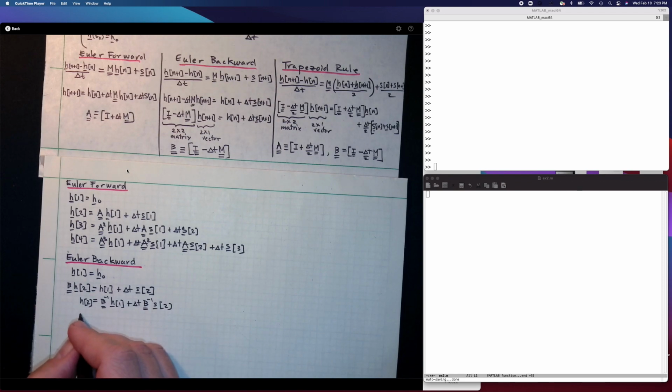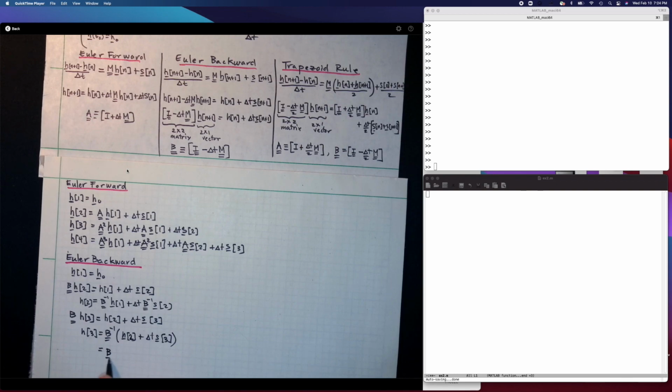Then h3 will be, B times h3 is h2 plus delta t times s3, which is equal to, h3 is equal to B inverse h1 plus delta t s3, and then I could substitute what I had for the previous h1. Oh, sorry, this should have been h2 here. Hold on, that was h2. So h2 is known from here.